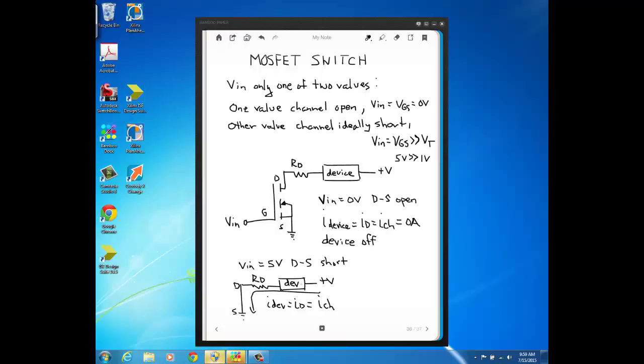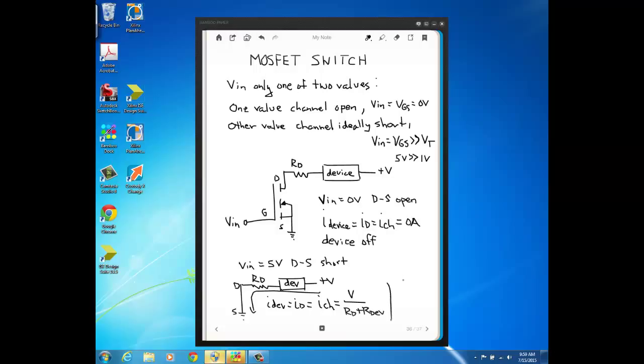Say your device is a motor or a solenoid, you would just use the resistance of that device and treat it like another resistor. So your current is just going to be the source amount plus V divided by just the two resistances in series, RD plus R of the device.